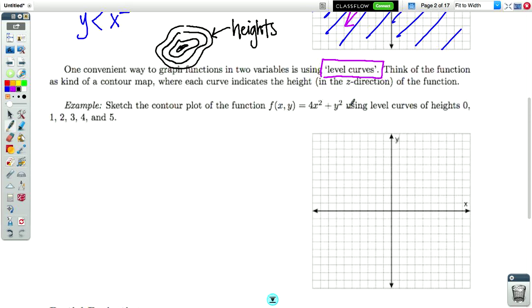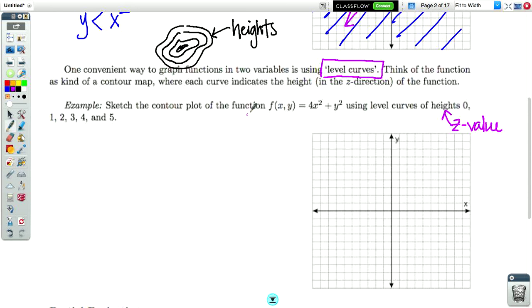We're going to do this using level curves of heights 0, 1, 2, 3, 4, and 5. And what I mean by heights is my z value. So I want my z value to be 0, 1, 2, 3, 4, and 5.